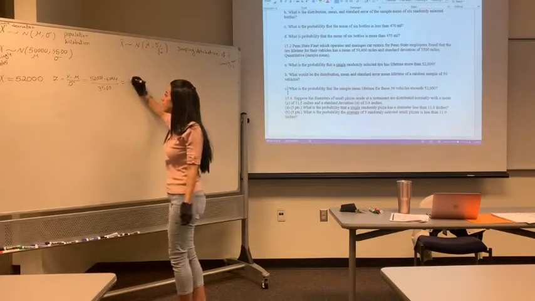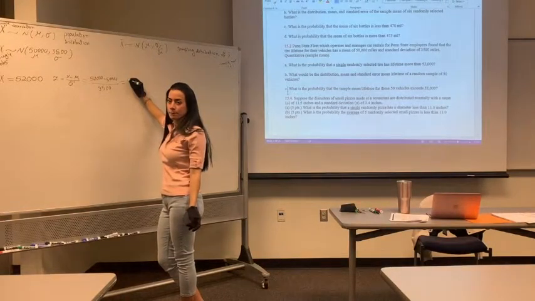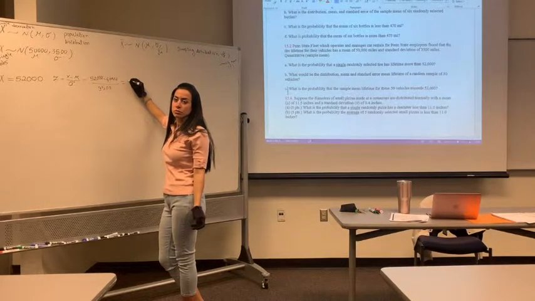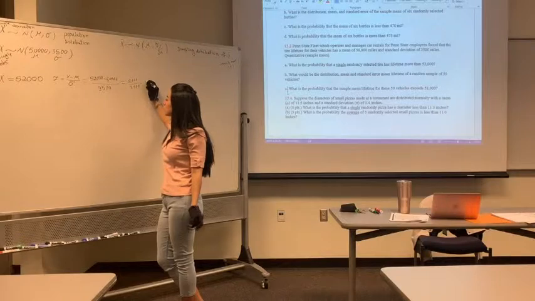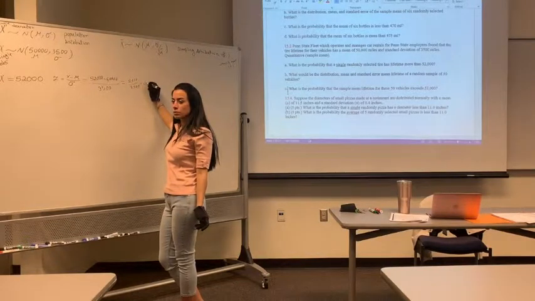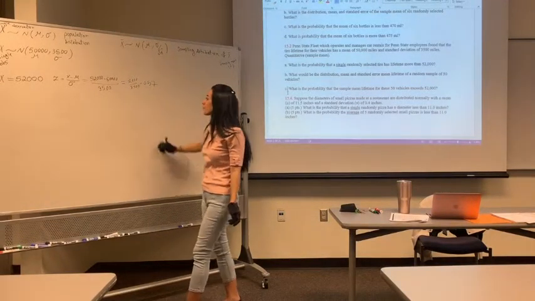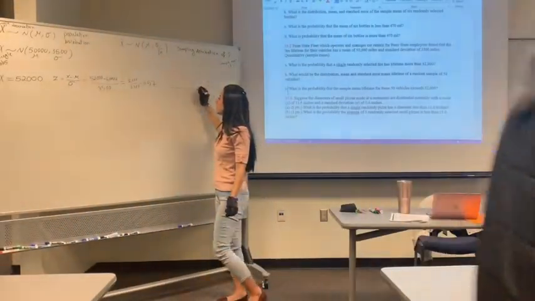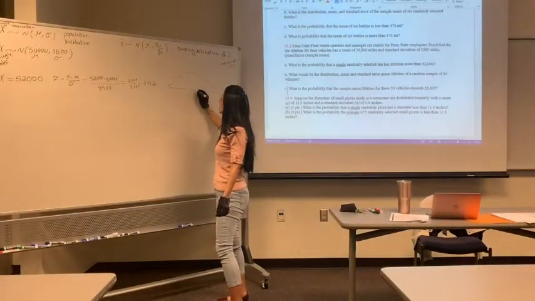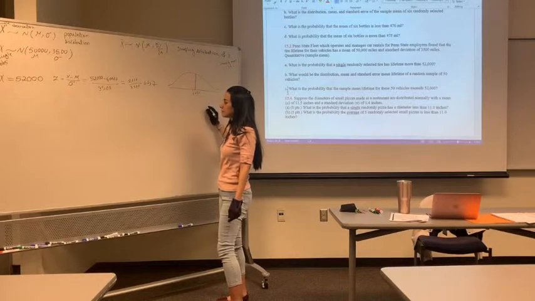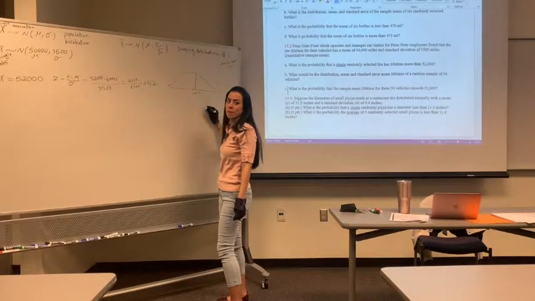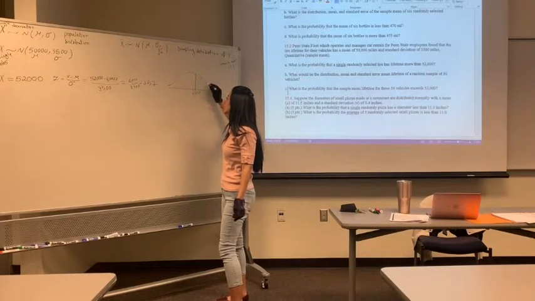So what is the Z? 2,000 over 3,500 equals 0.57. Okay, and then we have 0.57 here, more than or less than? More than.